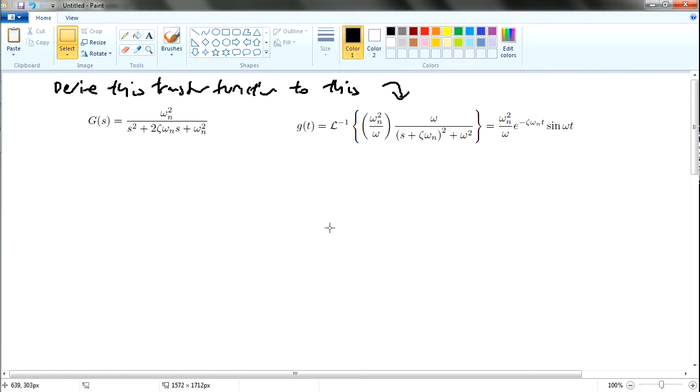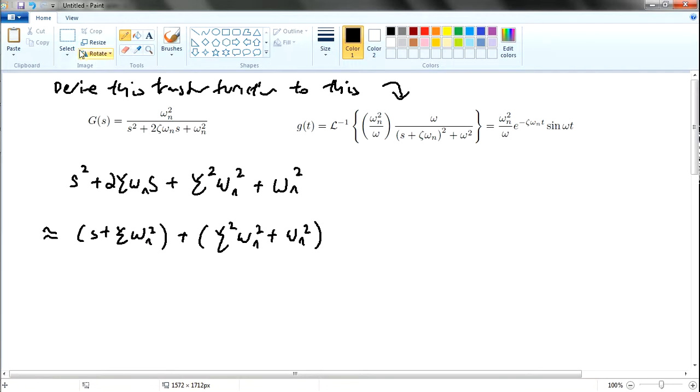If you don't know how to complete the square, it's okay, but I think in the test they will show you this one first, then say derive the following transfer function into this. So you know this one, and then you just expand this one into this. This portion is equivalent to this one.